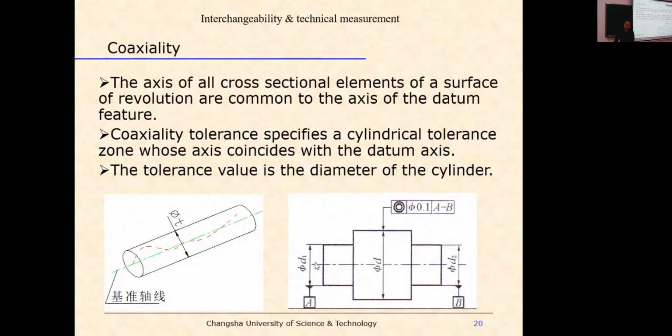So when we manufacture this surface and this surface and this surface, this axis is coaxial to this axis and to this axis. This datum is in this axis. The tolerance is 0.1, so we should add the phi because this is cylindrical.